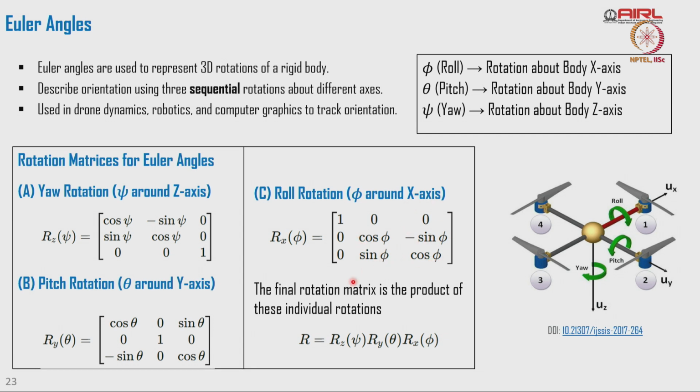Now if I want to look at any rotation, I can do it sequentially: first rotate in x plane, then rotate in y plane, then rotate in z plane to orient with respect to the new orientation of the vehicle. Then I can get the rotation matrix R as Rz, Ry and Rx, with the corresponding Euler angles of rotation psi, theta and phi.